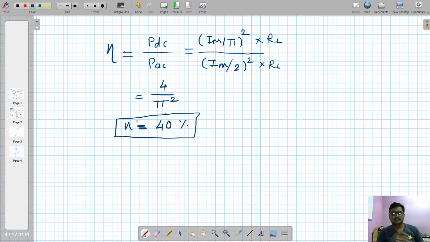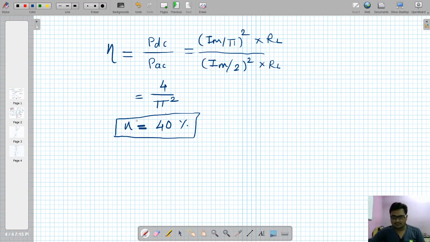Now I multiply by 100 because I want efficiency in percentage, so I'm getting 40%. So half wave rectifier has 40% efficiency. See, 40% efficiency is too little. Even transformer utilization is also very low, and that is the need to go for full wave rectifiers, center tap and bridge rectifier. So this is about efficiency.